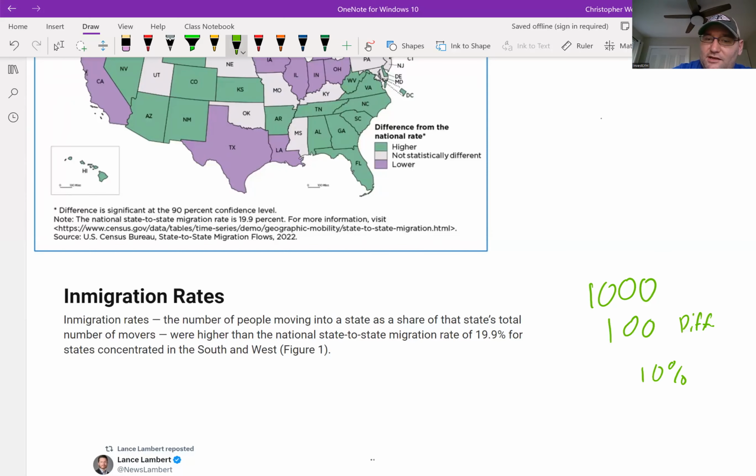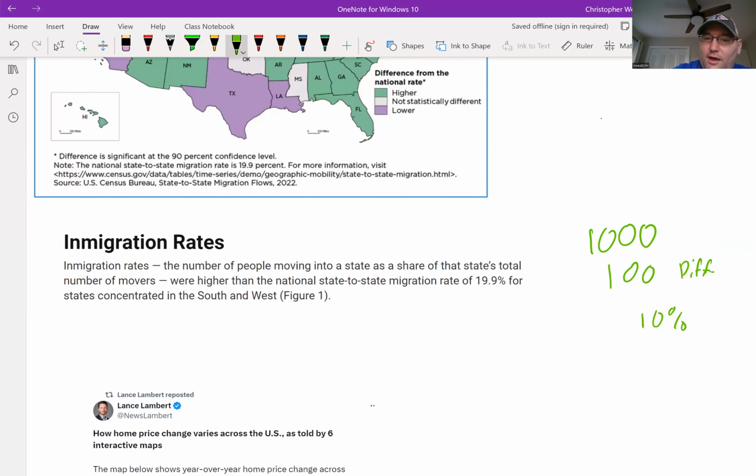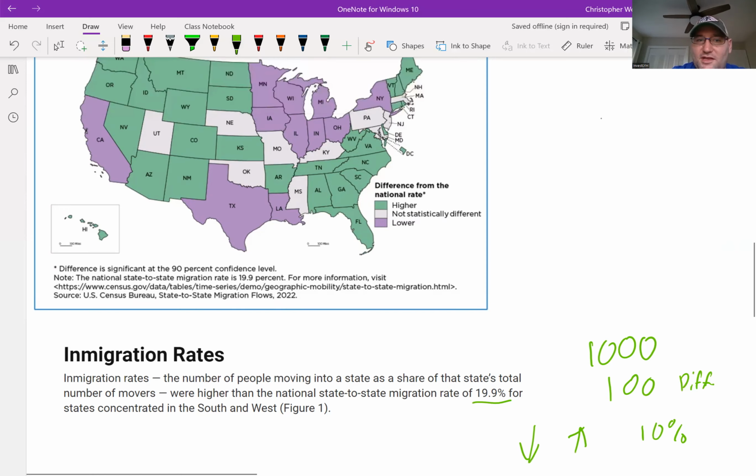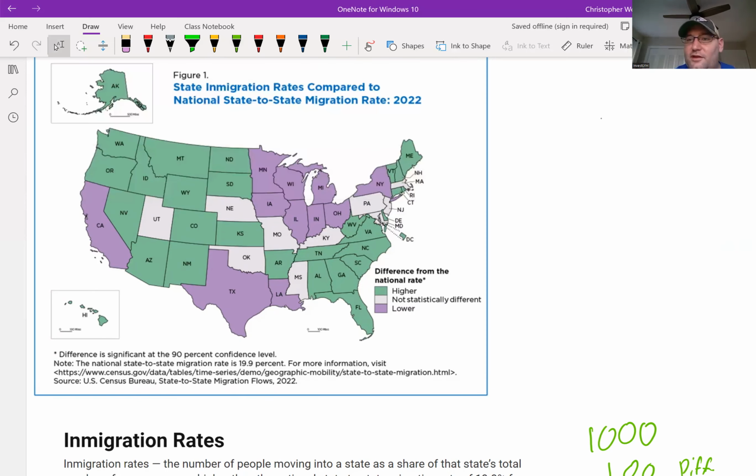And what they did is they had this ratio and they identified what states have above the middle and what states are below the rate of 19.99%.